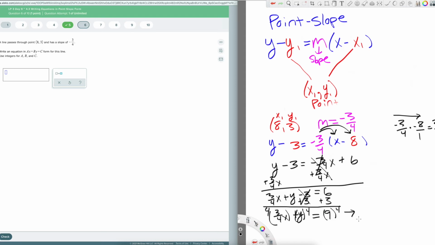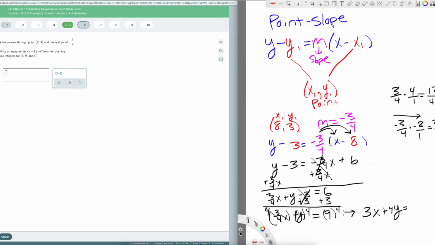So with this one, thinking again of a fraction, if I multiply, I get 12 on the top and 4 on the bottom. 12 divided by 4 is just the 3 that was left over. That's why I wanted to do that. Those 4s cancel out. So I just have 3x, y times 4 is 4y, equals 9 times 4 is 36.